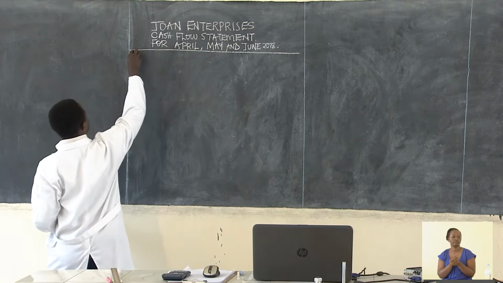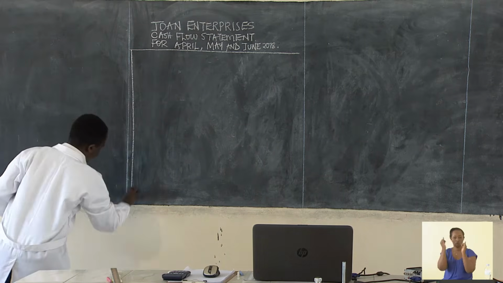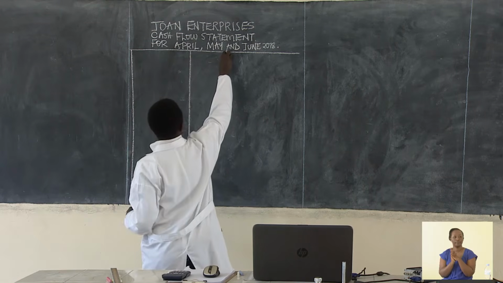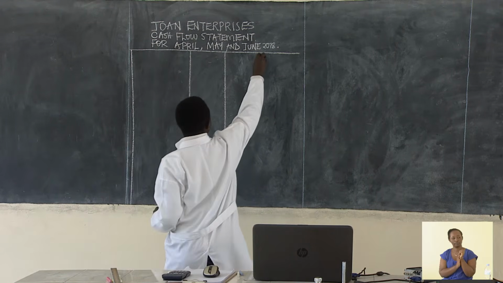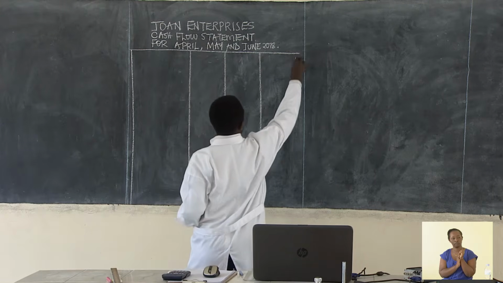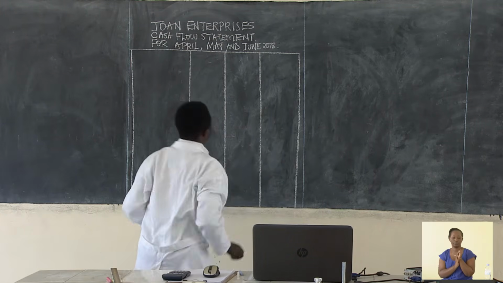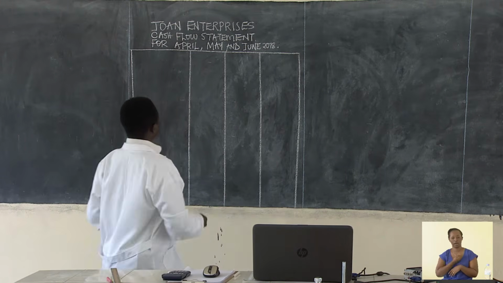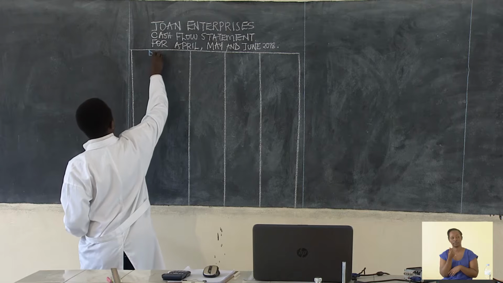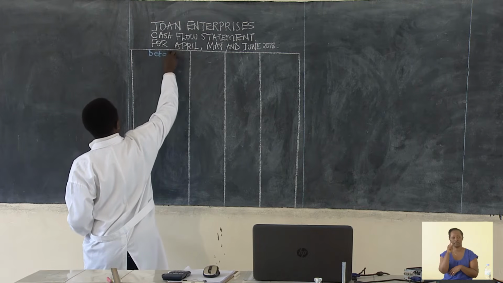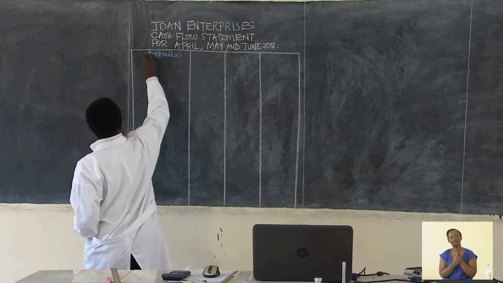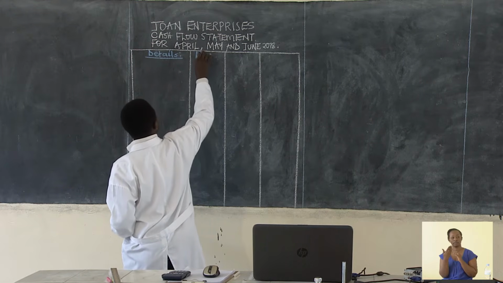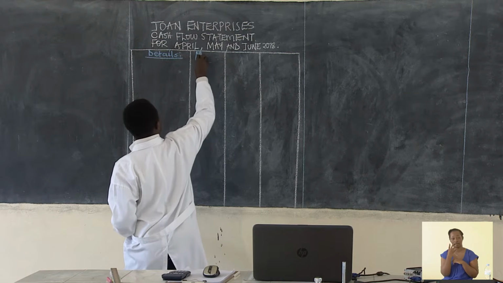Then from there, you can draw your lines very well. Then we have our cash. This column should be the column for details. This column is for April, which is our first month.